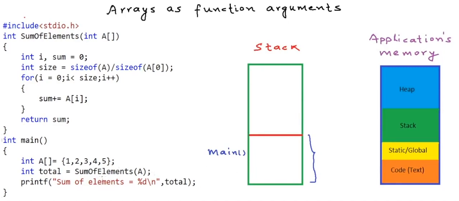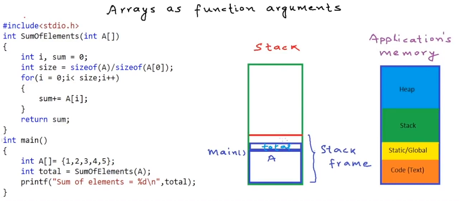Now here in the main method we have two local variables. One is the array A and another local variable is integer total. So if an integer is 4 bytes, exactly 20 bytes would be allocated from this stack frame for the local variable A, the array, and 4 bytes for the variable total.